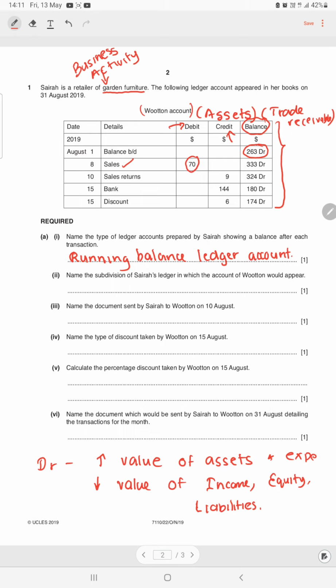And the opposite is true for credit entries. Credit entries decrease the value of assets and expenses, and increase the value of income and liabilities.